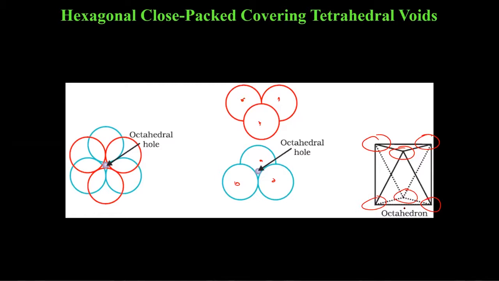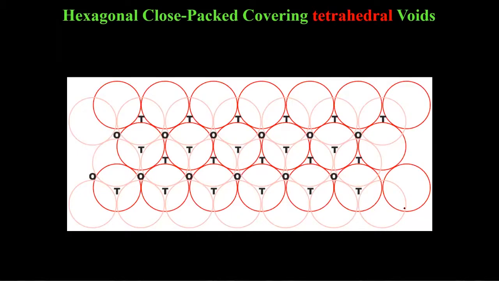So total eight faces, that's why octahedron. Just consider the atoms as the corners or vertices of the octahedron. That's why it is known as an octahedral void. So hexagonal close pack has tetrahedral as well as octahedral voids.